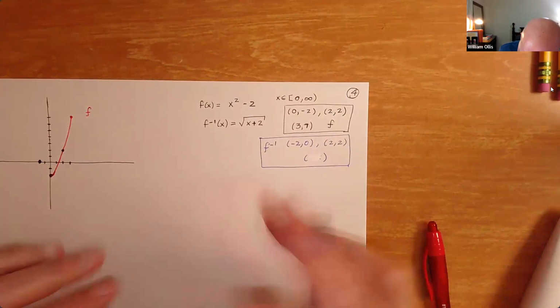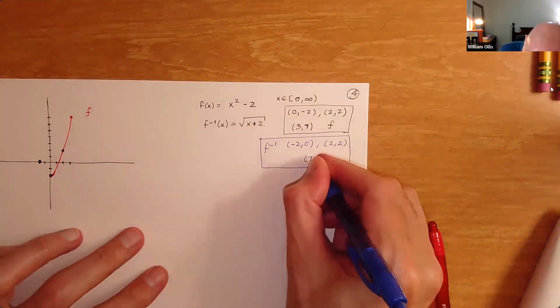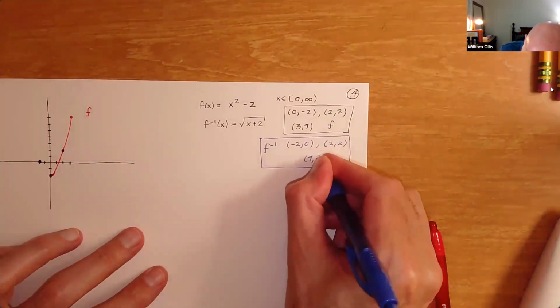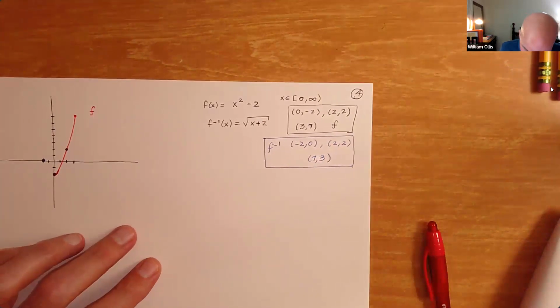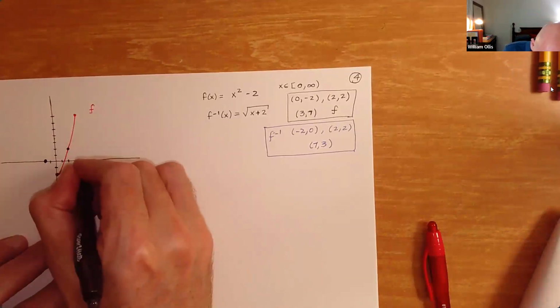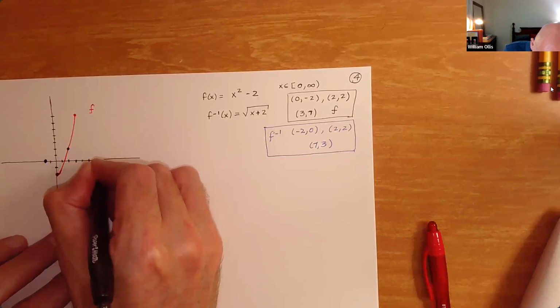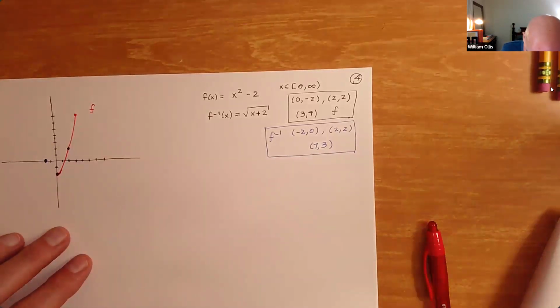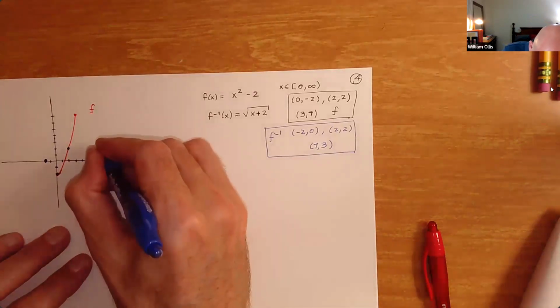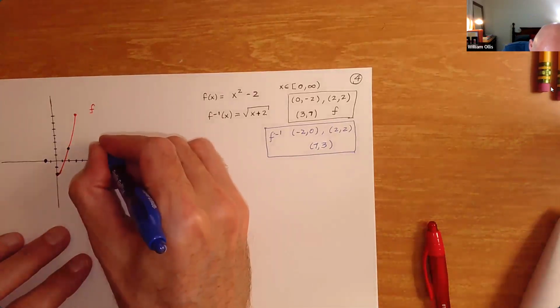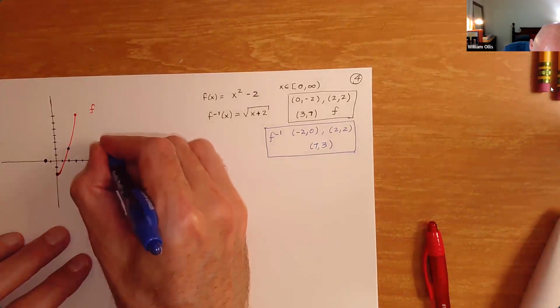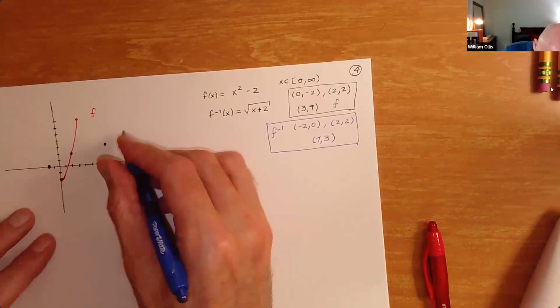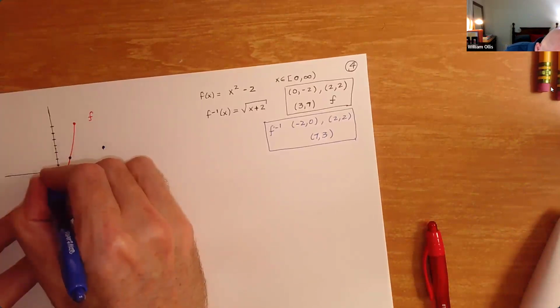One good thing about the math, it certainly lets you know when you put things in the wrong order. So let's get some more tick marks here. So we got 1, 2, 3, 4, 5, 6, 7. So we have 7, 3. So let's see, 7 about right there. So we'll go ahead and connect these.